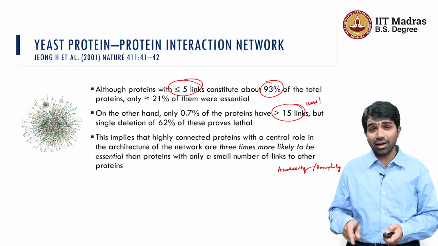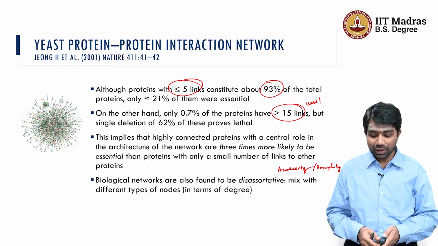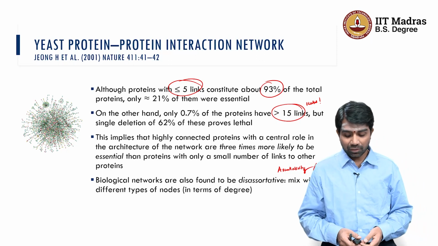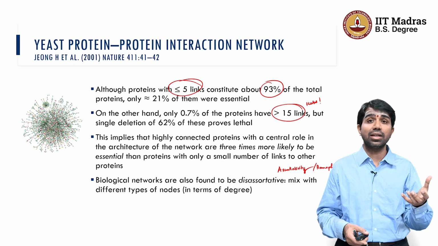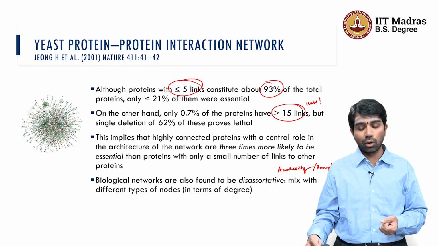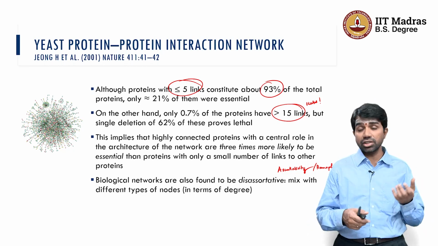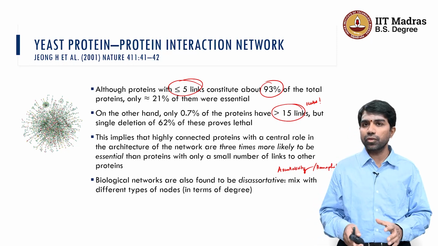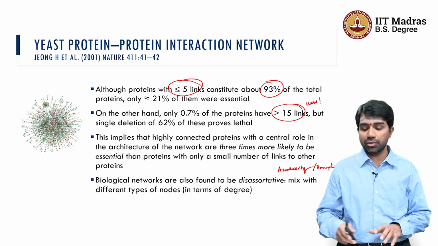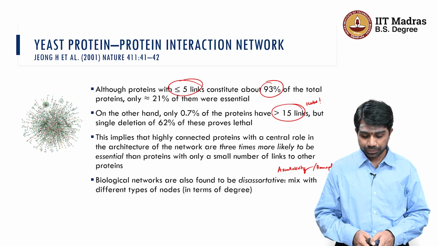On the other hand, in biology, you typically find disassortative mixing, wherein here we are looking at nodes in terms of degree. So, high degree nodes typically connect with low degree nodes, or also essential nodes typically connect with non-essential nodes. And this is something that you find on a regular basis in biological networks, and this is quite interesting.